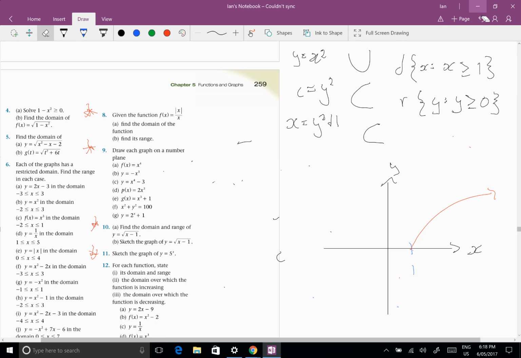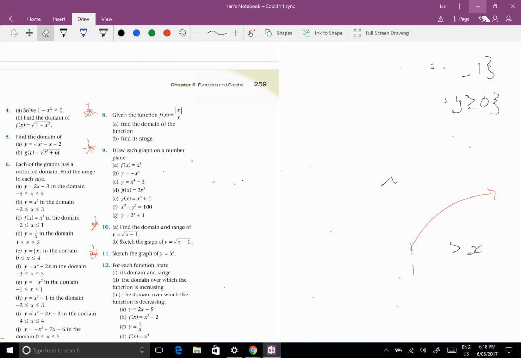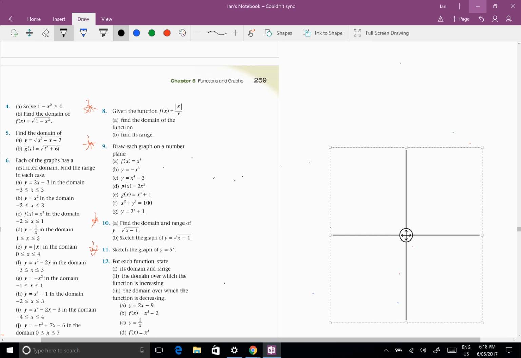Question 11. Well, we've already seen an example of this when we did question G. So this is another exponential function, and I'm not going to look at whether it's even or odd. I'm just going to get some points.